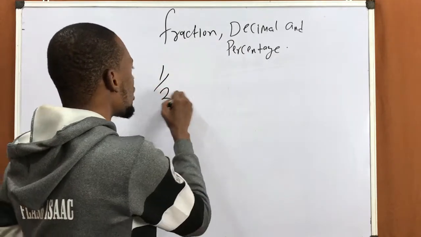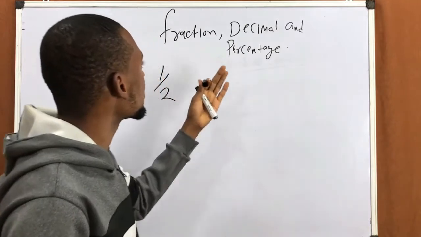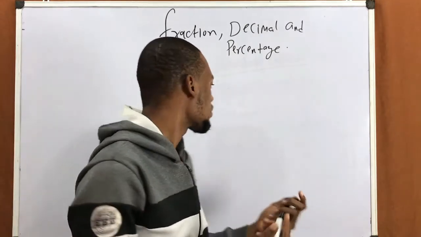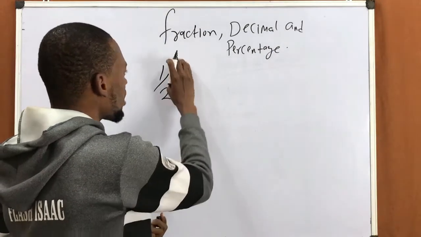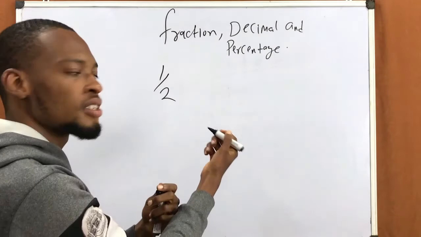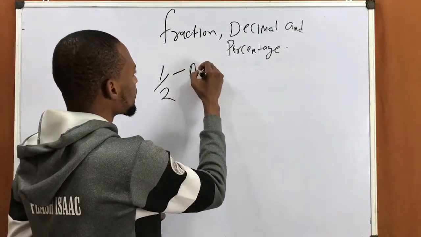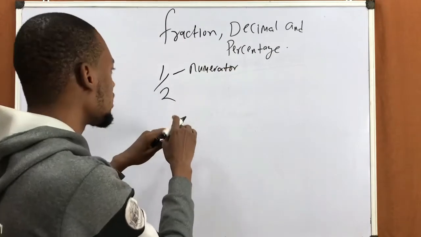that is divided by another one. That's what a fraction is. So fraction, decimal and percentage are ways we represent numbers. And a fraction has the upper part and the lower part. The upper part of a fraction is referred to as the numerator, while the lower part is the denominator.